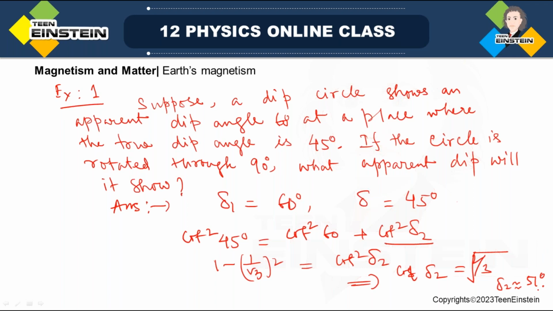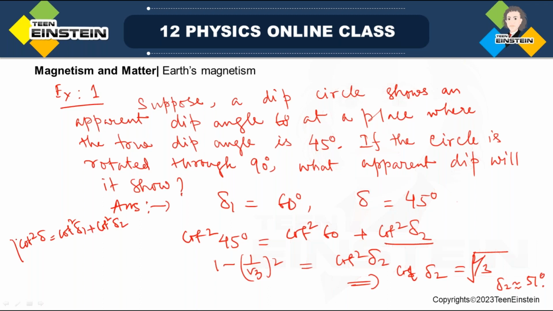So we can use this formula as we have learned: cot square delta is equal to cot square delta 1 plus cot square delta 2.